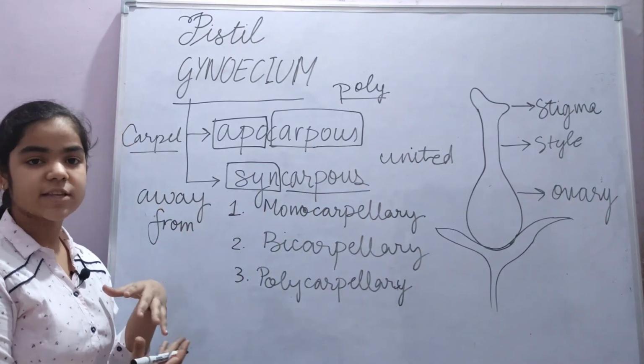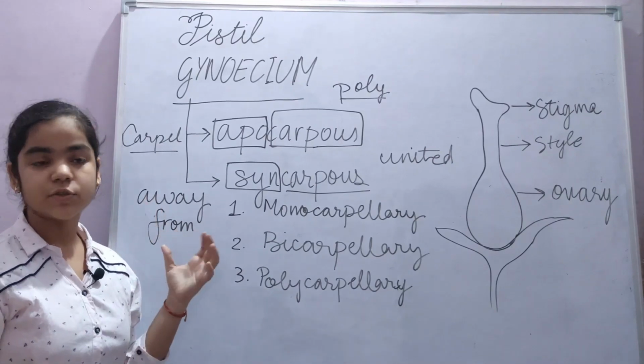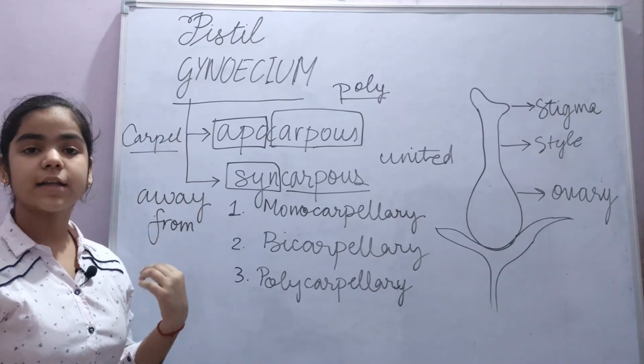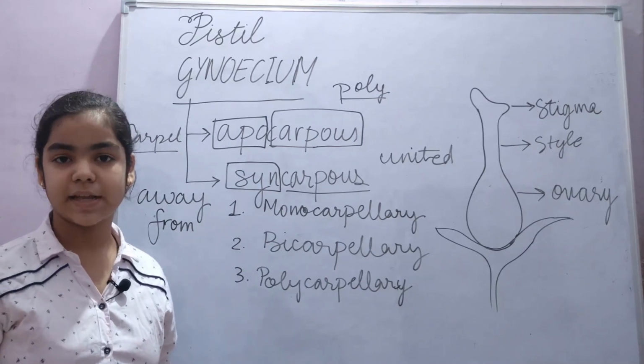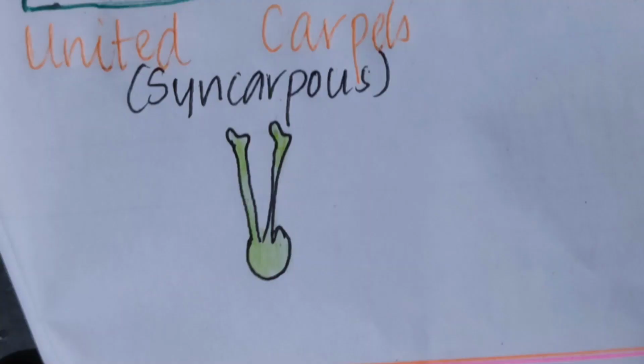In gynoecium you are getting different terms other than those you saw in androecium, stamen and petal. So the basic structure of syncarpous is this. Now there are 3 conditions. It can be of 3 types: monocarpellary, bicarpellary and polycarpellary.